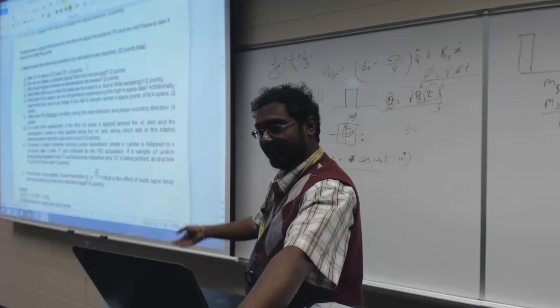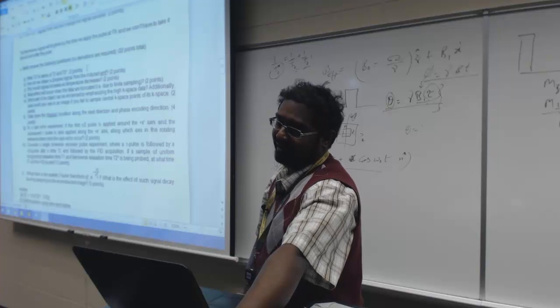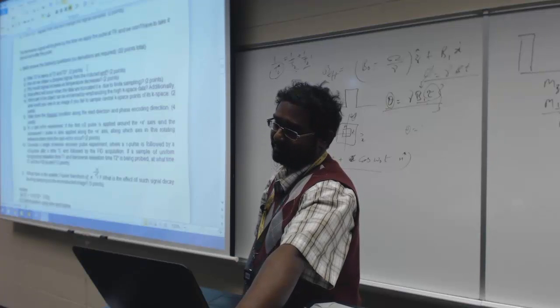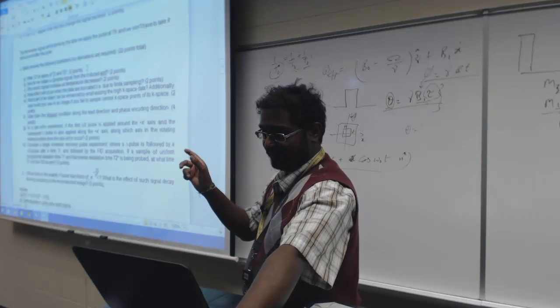And what is its effect? That we went through in the class. What happens when you have a decay riding over when you're sampling your k-space? The full width half maximum of your filter, the point spread function.